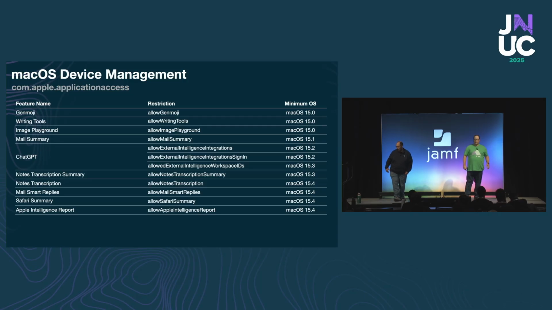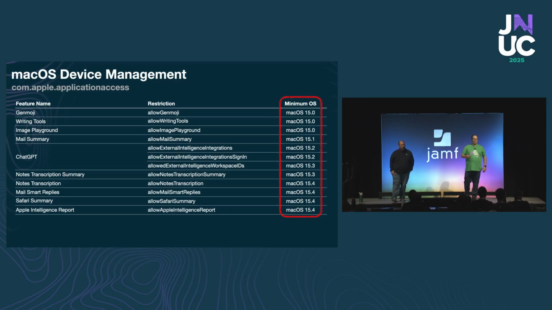Apple has provided a variety of keys to manage Apple Intelligence features, starting in Sequoia. With the dot releases in Sequoia, newer restrictions have been added incrementally. As you can see from the chart, there is a minimum operating system requirement for each of these restriction keys. You want to make sure that when you're planning out how you'll manage them, you reference what operating systems the restrictions you want to use actually apply to.